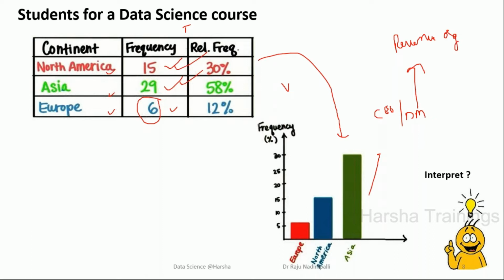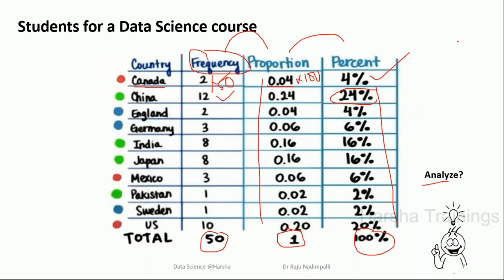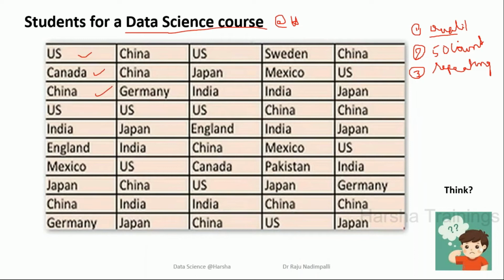This is the final motto of the data set. By taking this data set, we have identified that this data is qualitative data, also called categorical data, and we have 50 countries of data, and some countries are repeating. This is our first observation.